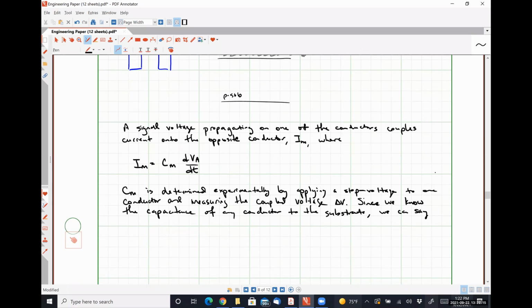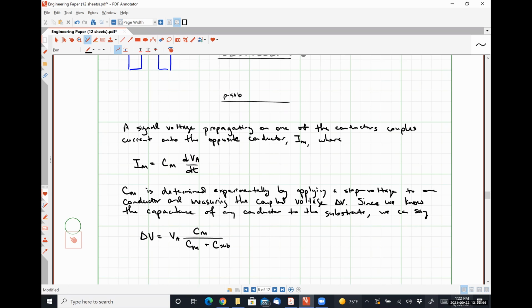We can say that delta V, or induced voltage, is just VA times our mutual capacitance divided by our mutual capacitance plus our substrate capacitance.